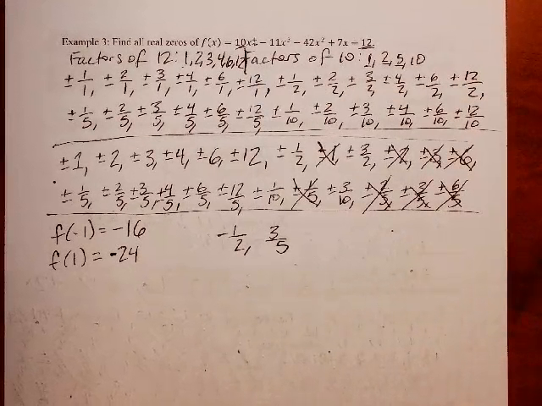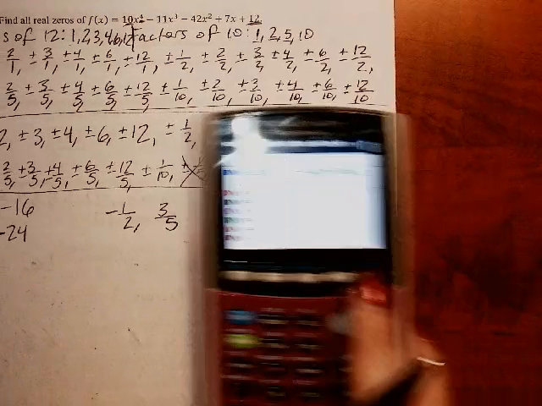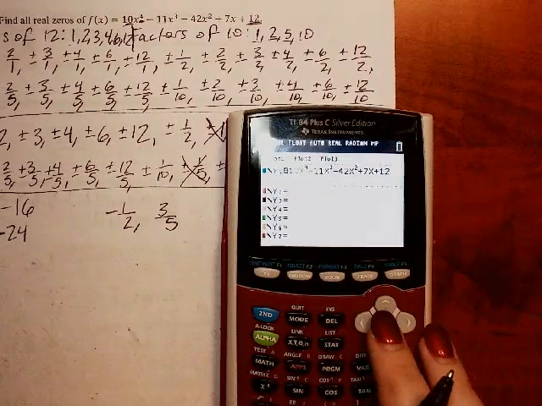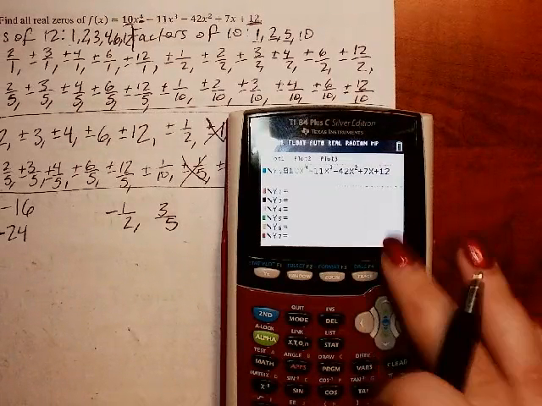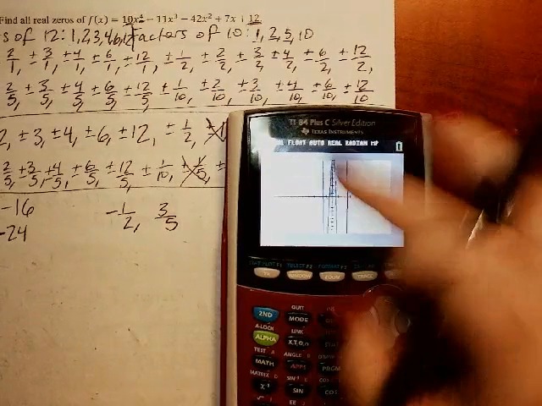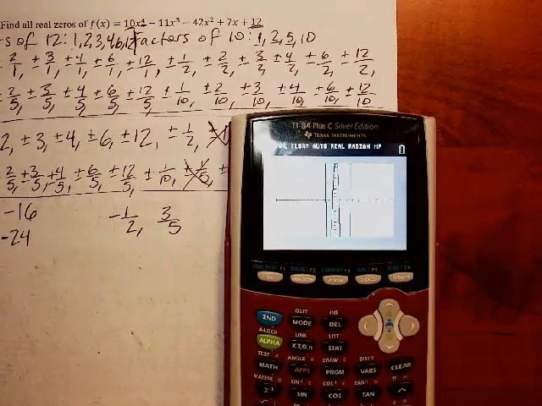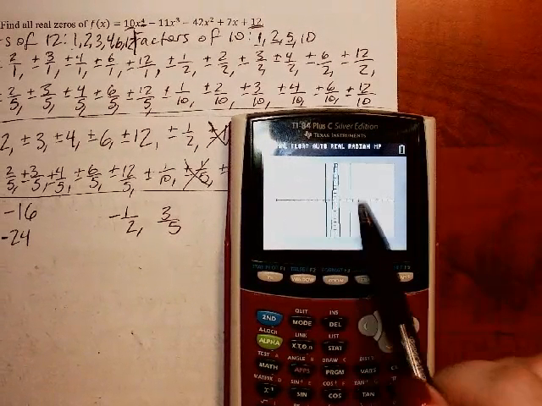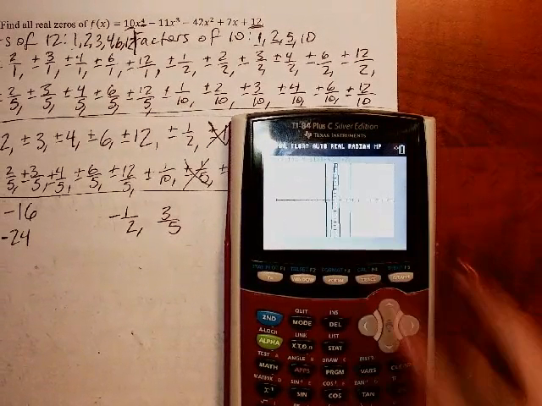So then we graph our function. So we type this into y equals, and then we hit graph, and we see it intersects the x-axis 4 times. 1, 2, 3, 4. So we hit trace.